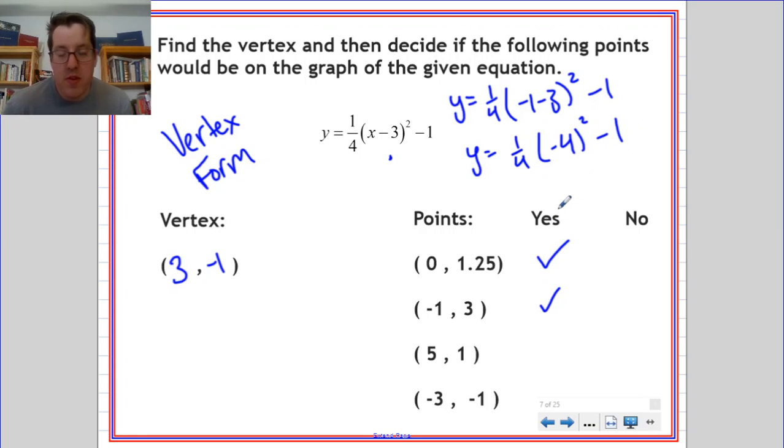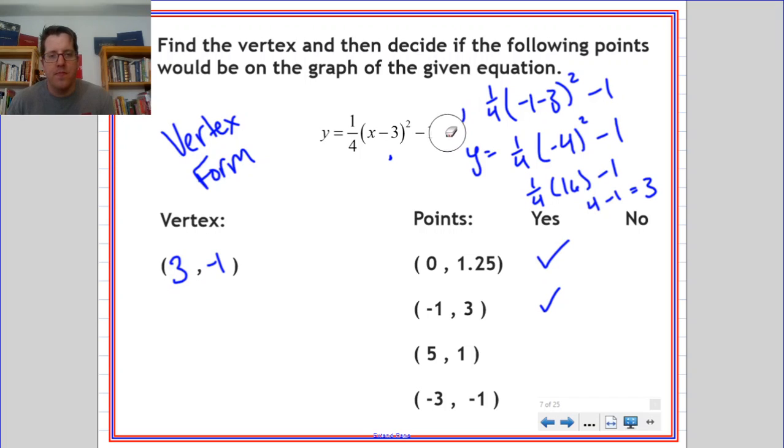The most common mistake here is to forget your PEMDAS. This is -4 squared, then multiplied by a fourth. So 1/4 times 16 minus 1, or 4 minus 1, that does equal 3. All right, next, we're going to plug in 5.